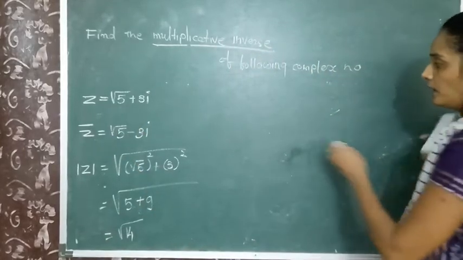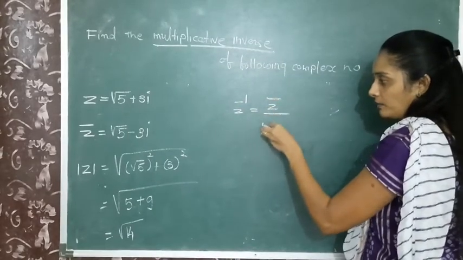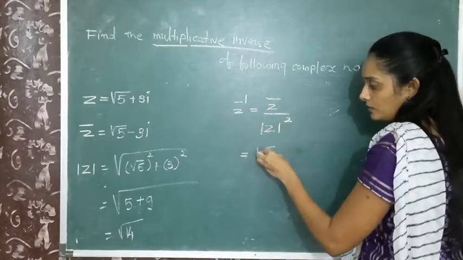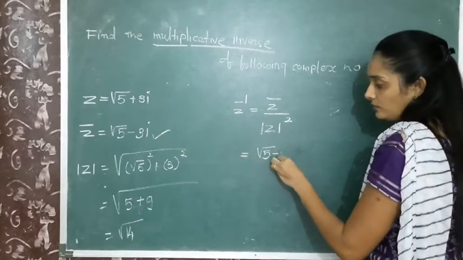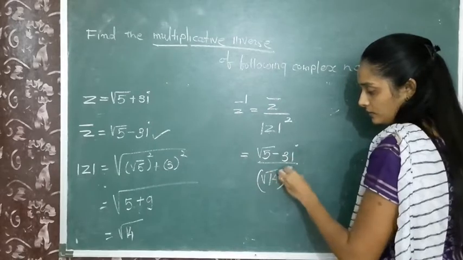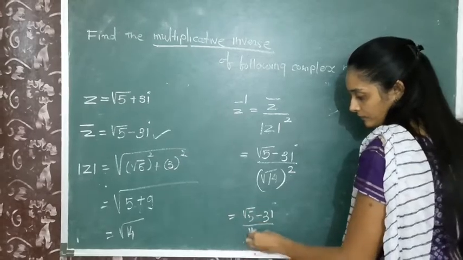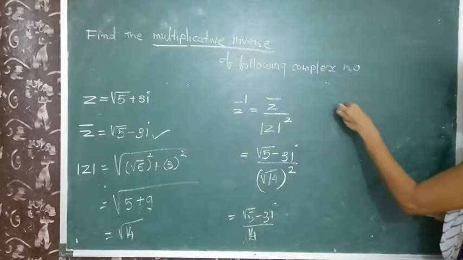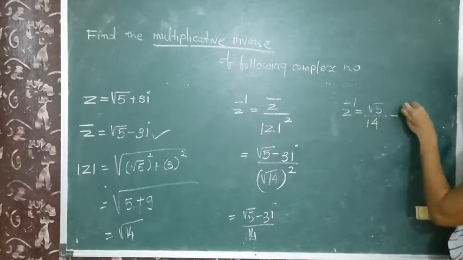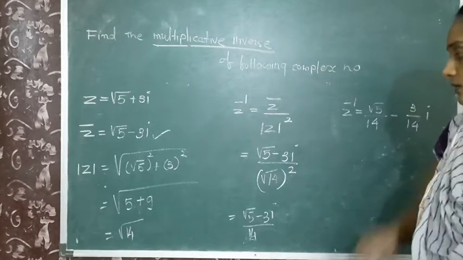And Z inverse, that means multiplicative inverse, is equal to Z bar upon modulus of Z square. So root 5 minus 3i upon root 14 square, and therefore Z inverse is equal to, giving individual denominators, root 5 by 14 minus 3 upon 14 i. Okay, this is our multiplicative inverse.